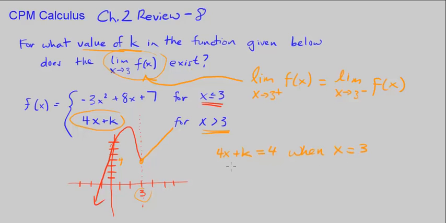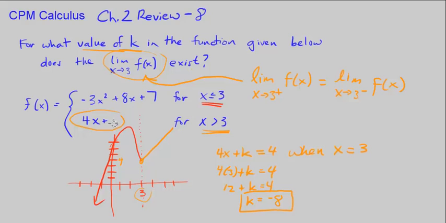So if we plug that in, x is 3, so 4 times 3 plus k equals 4. 12 plus k equals 4. Subtract 12 from both sides, and we get k equals negative 8.